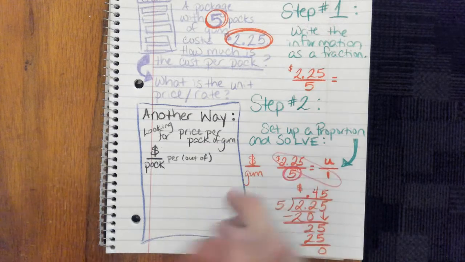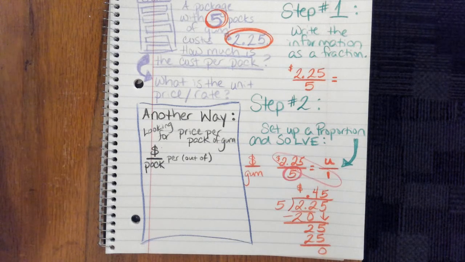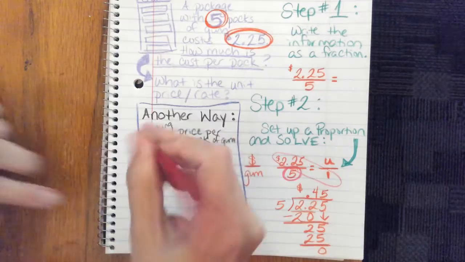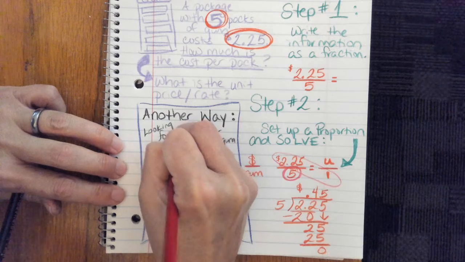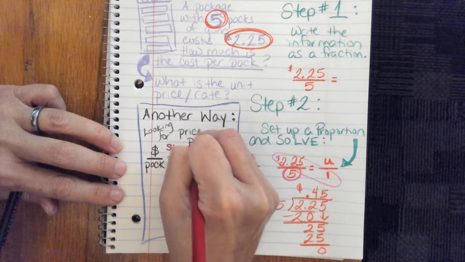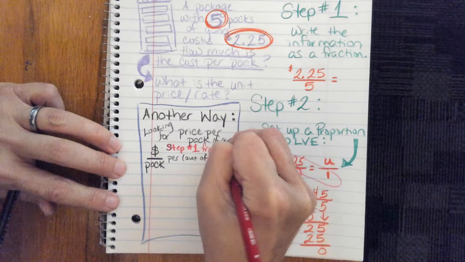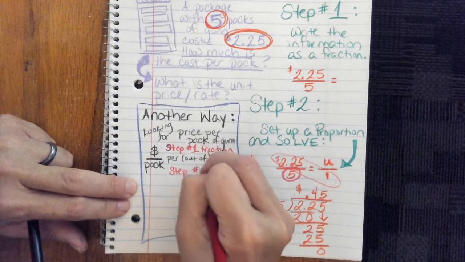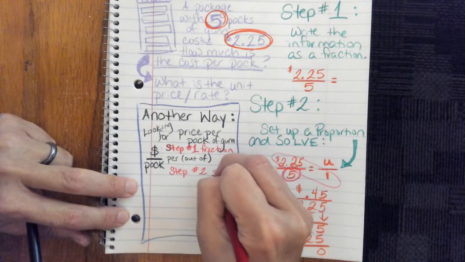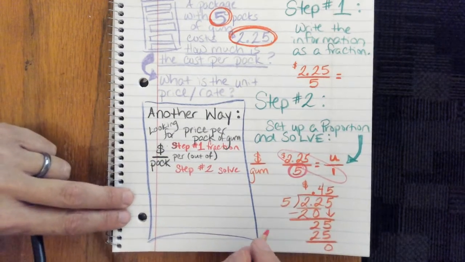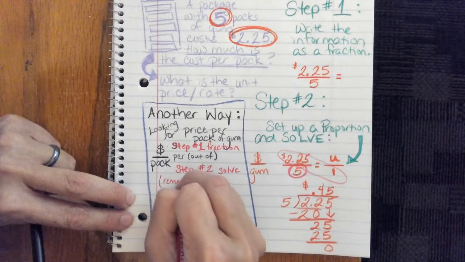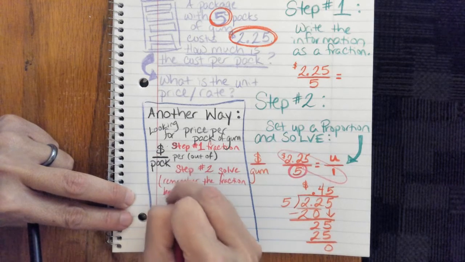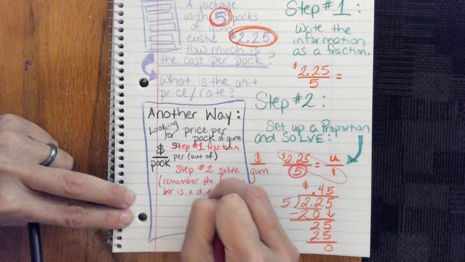So on this one, your step 1 is your fraction, just like it was over here. But now your step number 2 is just solve. And what do I mean by that? Remember, the fraction bar is a division sign.